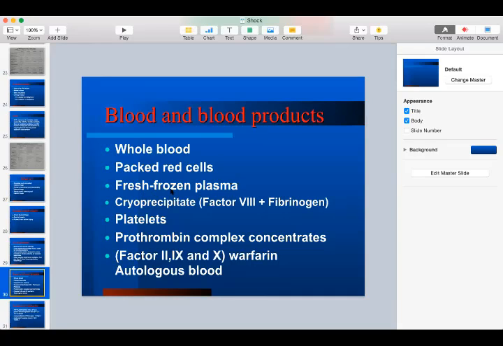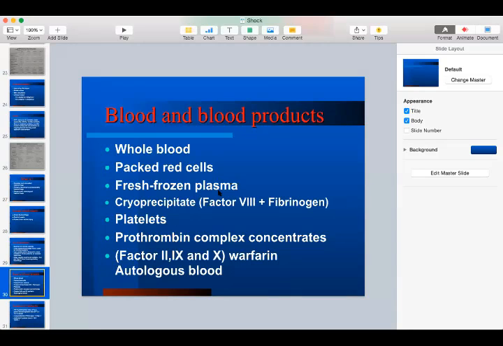Then we have fresh frozen plasma, right, rich in almost all clotting factors. Then you have cryoprecipitate, which is factor 8 and fibrinogen, right? Easy way to remember cryoprecipitate: hear the word 8 at the end. Cryoprecipitate, factor 8 and fibrinogen, all right?